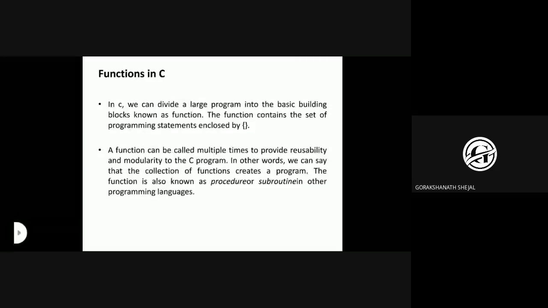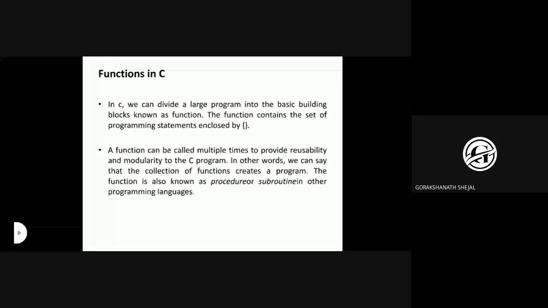Take another example. You have defined one function. It also has some syntax: the return type of the function, in front of that the function name, function brackets, below that an opening curly bracket, and a closing curly bracket, with some code within. Everything has a syntax, so the compiler checks whether the program is as per the syntax of that concept or not.